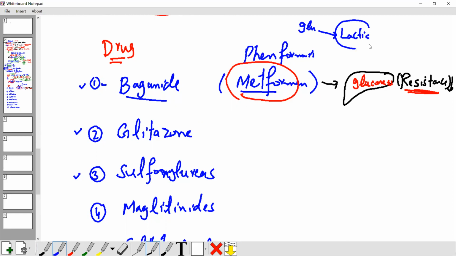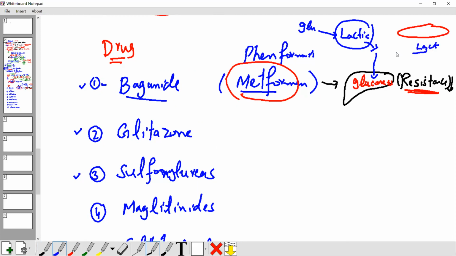From the RBC, this lactic acid comes out, okay? And then it is transferred to the liver. If you're exercising, walking, running, playing, what happens inside the muscle? If you're doing any strenuous, very hard exercise, the muscle also produces lactic acid.